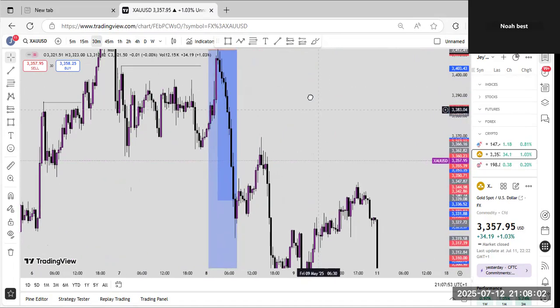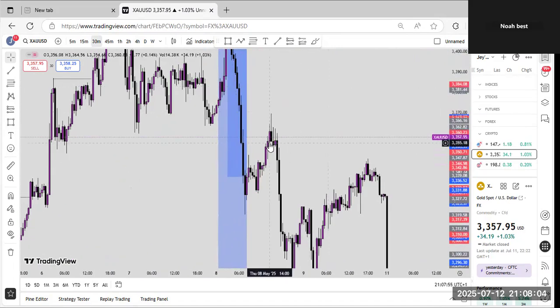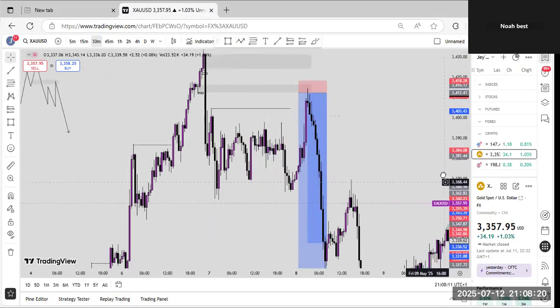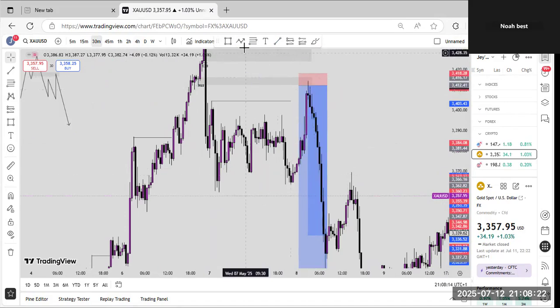now, you could see this one now is a break of structure. You could see what price did. Yes. You could see what price was doing here. Price was doing something like this.